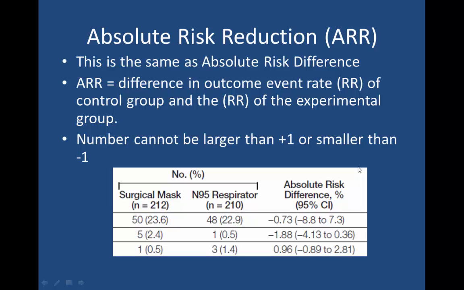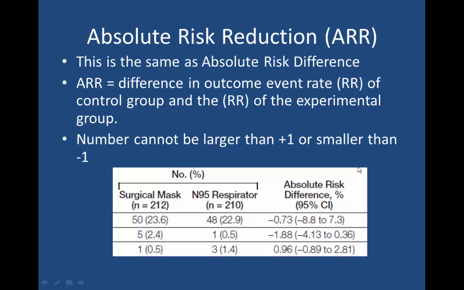What does a negative value mean? The negative value means that there was a lower risk in patients who wore the N95 respirator mask, but it was only slightly lower. Now, the value of no effect, because we're doing subtraction, right? We did subtraction to get this. The value of no effect is now 0.